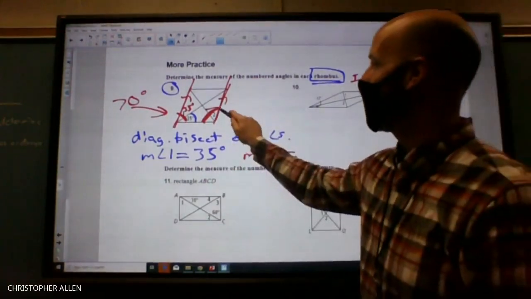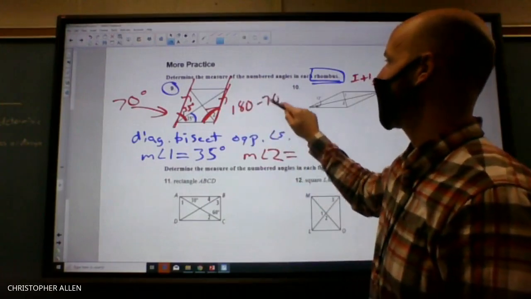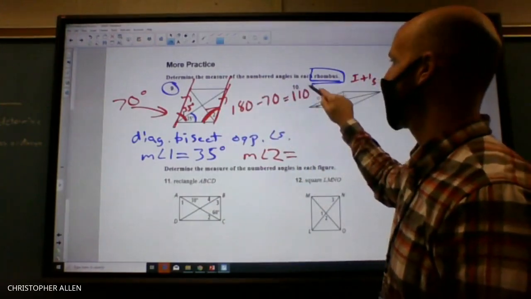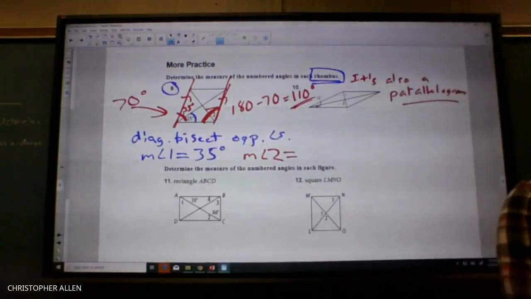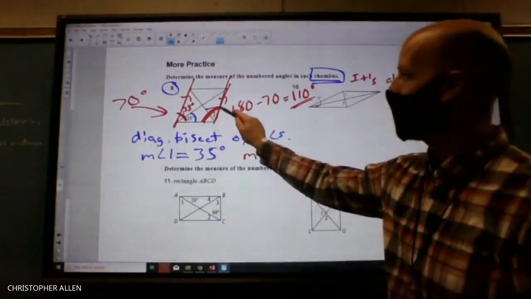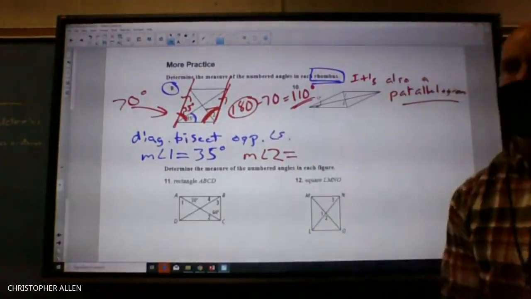So that means that this angle here has to be 180 minus 70, which is 110 degrees. This whole angle right here has to be 110 degrees, because I need this angle and this angle to add up to 180.